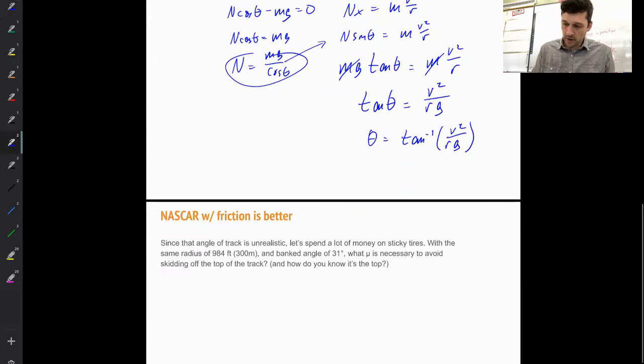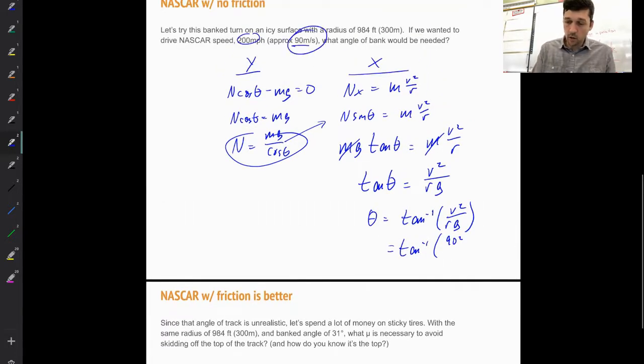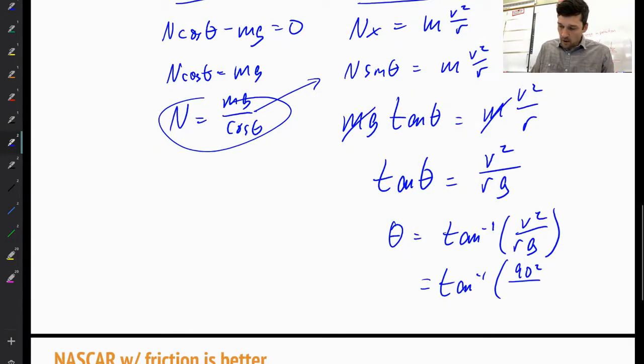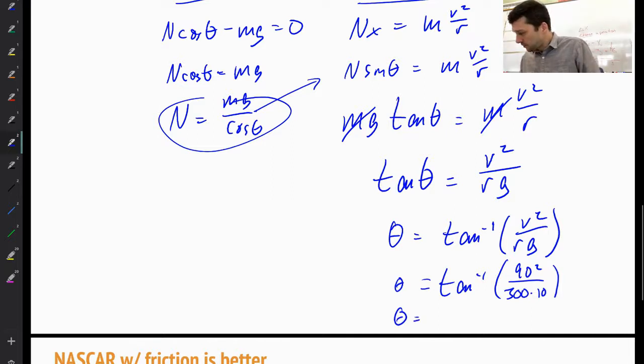All right, so let's plug those things in. Inverse tan of the 90 squared. Remember, we want to go NASCAR speed here. 90 squared over the radius, it's a 300-meter radius track, and g is 10. So the angle is going to be 90 squared divided by 3,000, inverse tan.